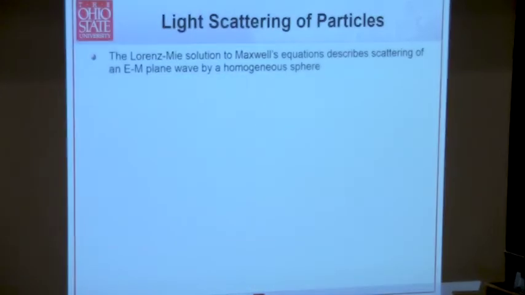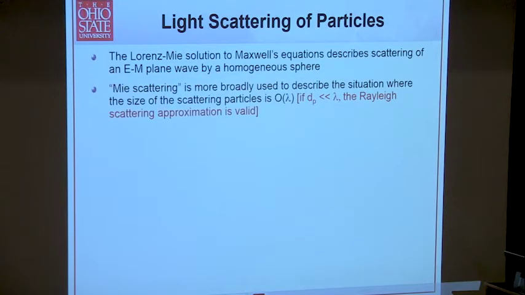Okay. The particle scattering is typically described by the Lorenz-Mie solution. We assume that these particles are spherical, and that's why we refer to it as Mie scattering. Broadly, Mie scattering is used to describe the situation where the particle is on the size of the wavelength.